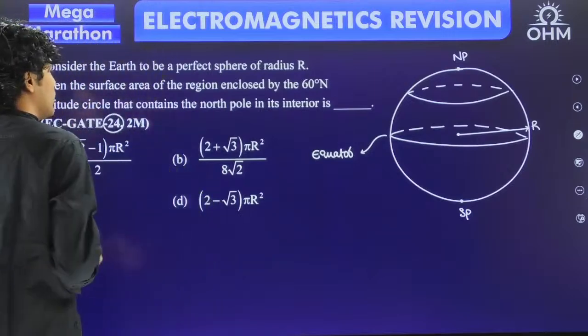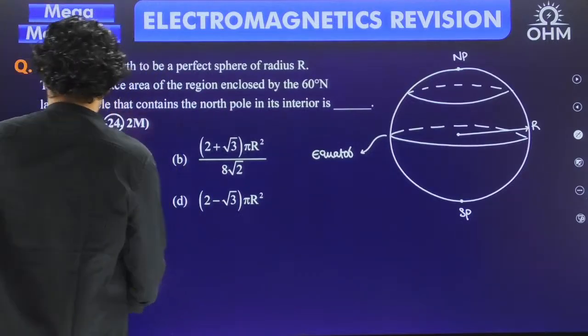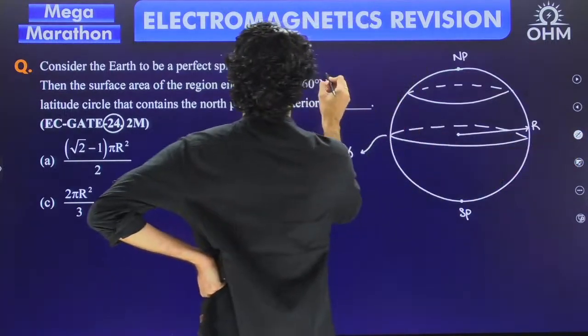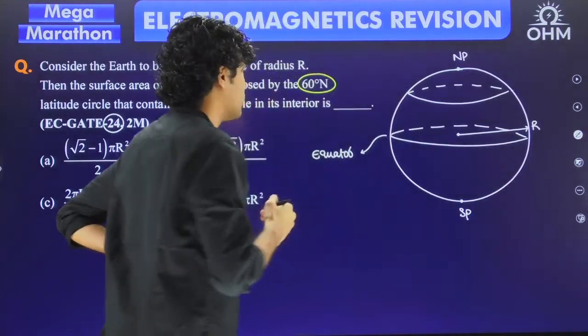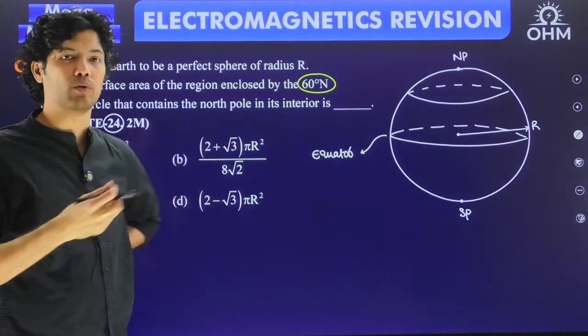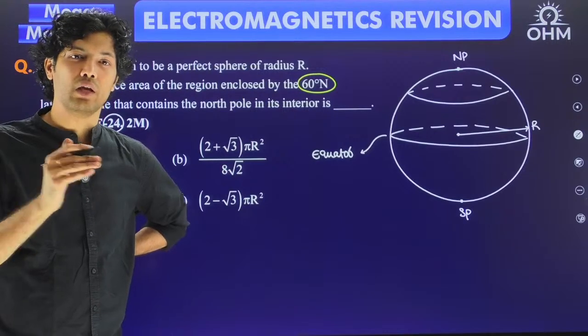Then the surface area of the region enclosed by 60 degrees north. I have to draw this line first, the 60 degrees north line. When they say 60 degrees north, they are giving the data with respect to the typical equator reference.